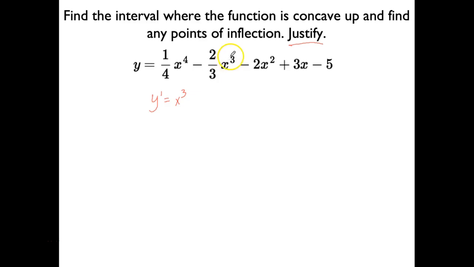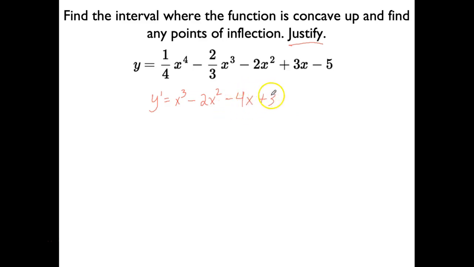Go over here, multiply this. It's going to be 6 over 3, which is 2x squared, because we subtract 1 from the exponent, minus 2 comes down, 4x, because we subtract 1 off, plus the derivative of that is just 3, and the derivative of that is 0.